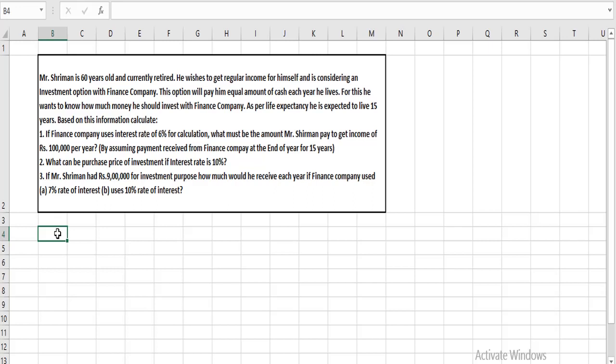So if Mr. Shriman deposits some money with the finance company, the company will pay 6% interest every year.